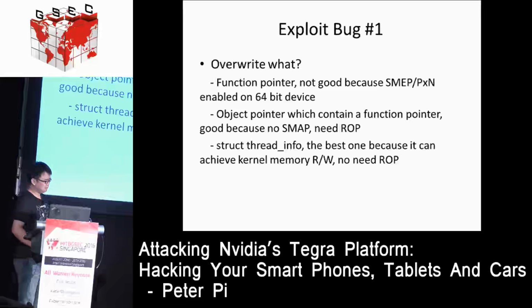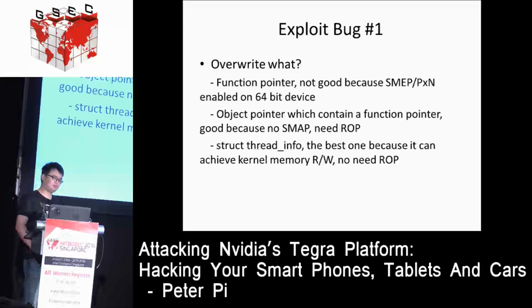On a 32-bit Nexus device, this is okay, because on a 32-bit device, SMEP or PXN is not enabled. But Google Nexus 9 is a 64-bit device. SMEP is enabled. So this is not a good choice.